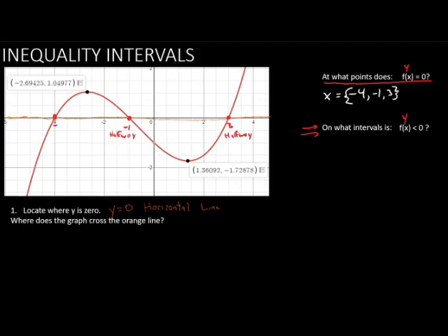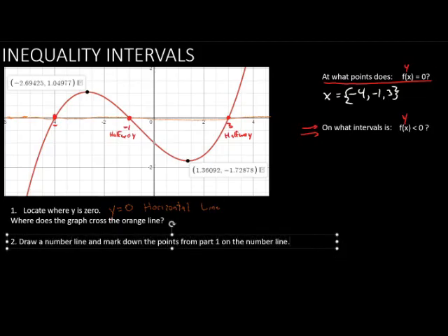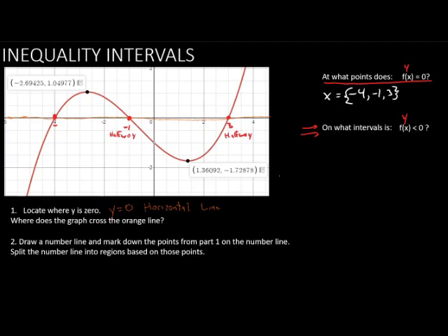Now that we have those points, we can use them to find the intervals where f(x) is less than 0. Just as before, we'll draw a number line and mark those intersection points down on the number line. Then, on the number line, we're going to use those points to split our graph into regions. So I'll start by drawing a number line, and we'll mark -4, -1, and 3 on that line.